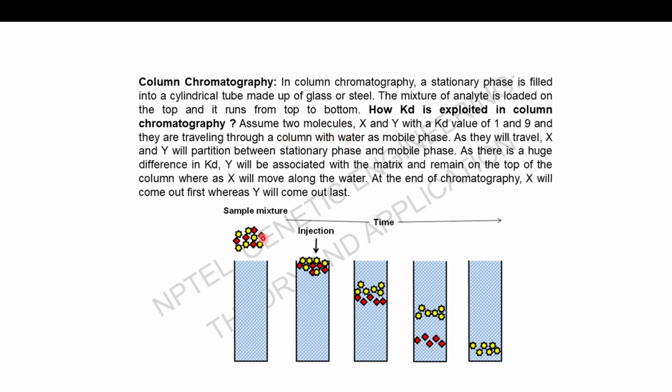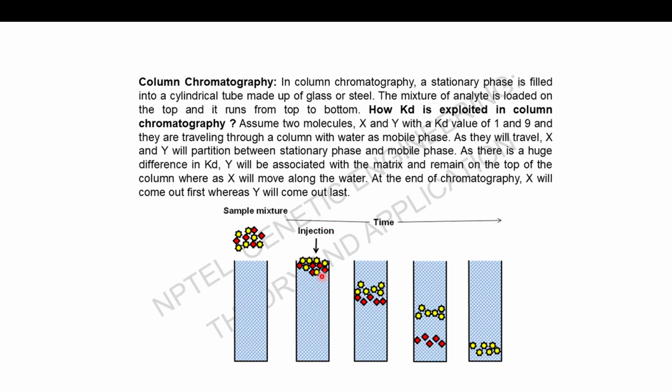Now, suppose these red squares are there and yellow stars are there. These are two molecules with Kd values, distribution coefficient values, of 1 and 9, and they are traveling through a column with water as a mobile phase. This is a stationary matrix and water is passing through it.